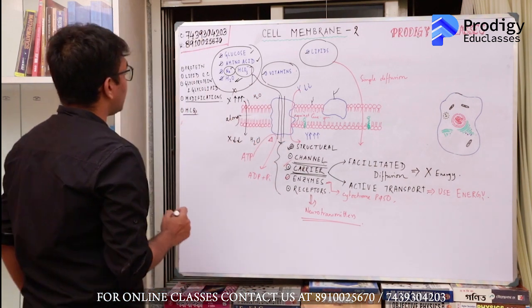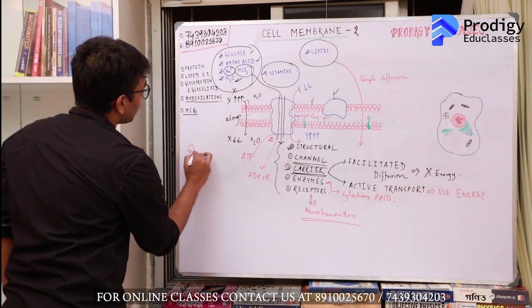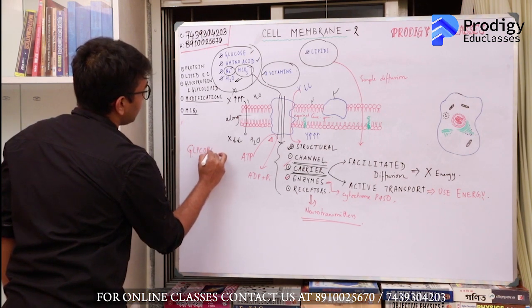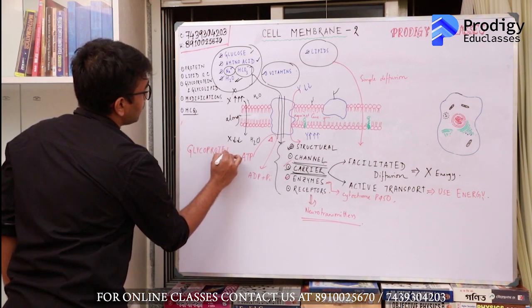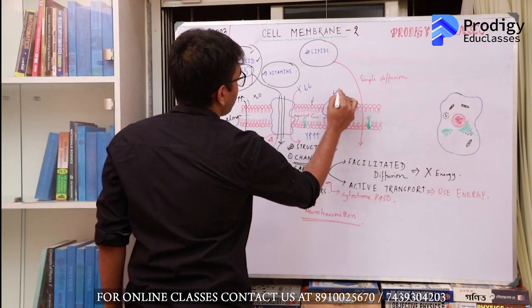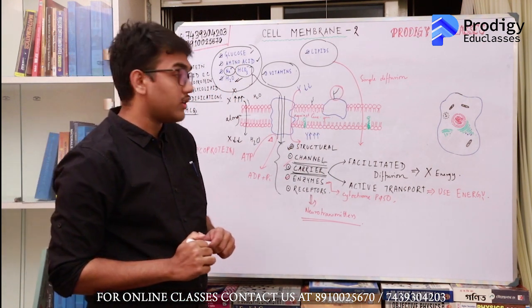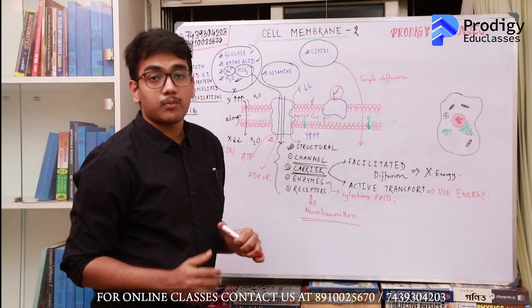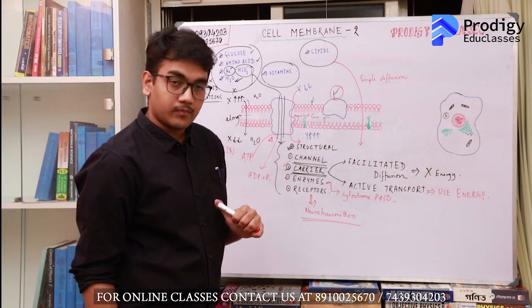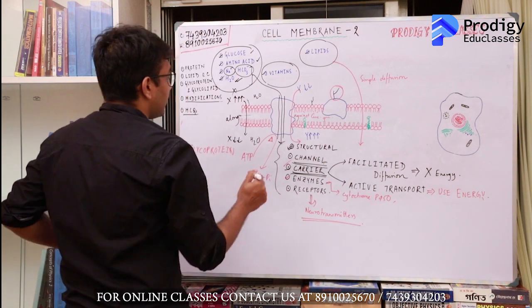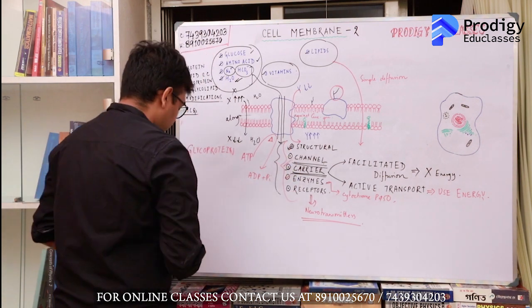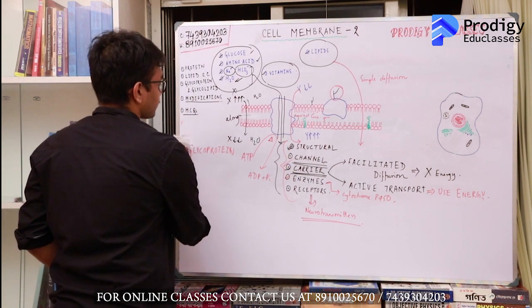Receptor proteins will typically be glycoproteins, because this oligosaccharide that will be present over the receptor will help in recognition of the molecule and the protein will interpret the message. Okay. So these are the different types of proteins that you will find in a cell membrane.